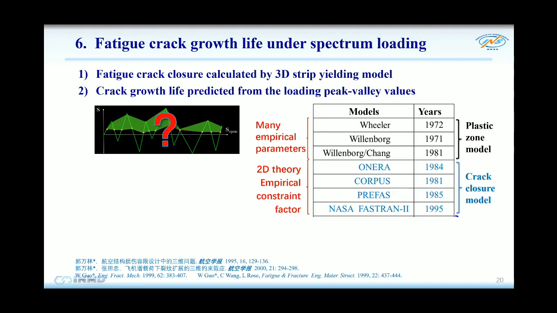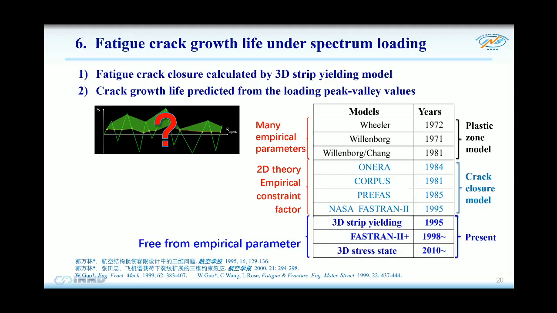And in the later last century, they developed the Elber model, and the US, the NASA, have developed the two-dimensional empirical constraint factor, or modified strip yielding model.